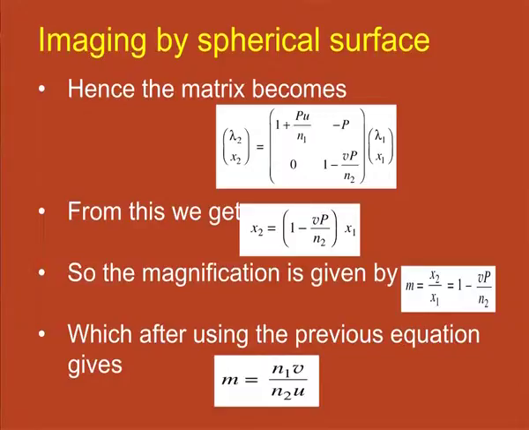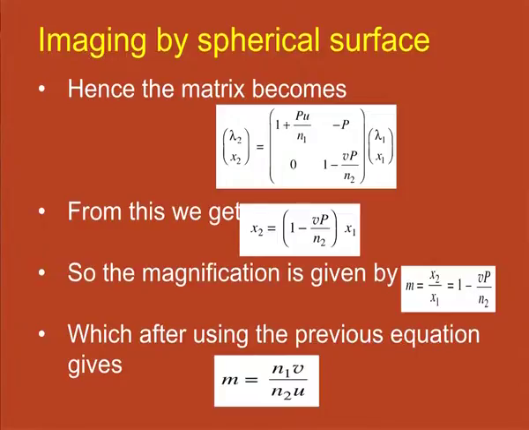Hence, the matrix now becomes the column matrix of λ2 x2 is equal to the matrix with first row 1 plus pu/n1, minus p, and second row 0, 1 minus vp/n2, and this is multiplied with the column matrix of λ1 x1. From this we get x2 is equal to (1 minus vp/n2) into x1.